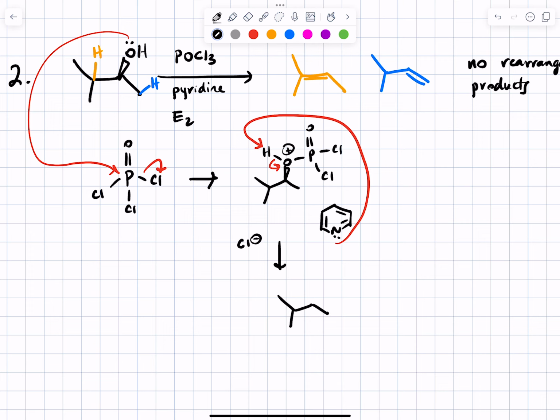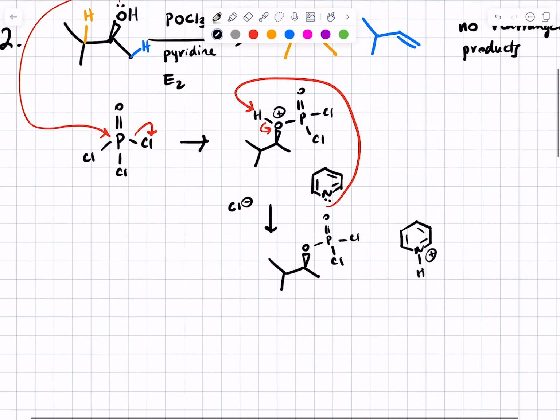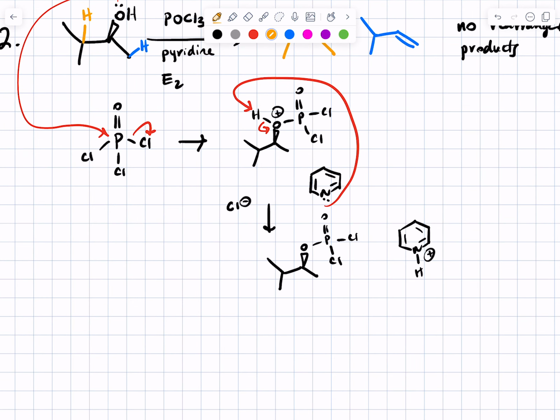That just makes sense in terms of the pKa of a positively charged oxygen with a proton on it relative to the pKa of the conjugate acid of your base, this pyridinium ion. So once you've done that, again, we're focusing in on protons that are beta to the leaving group that can get anti to the leaving group.